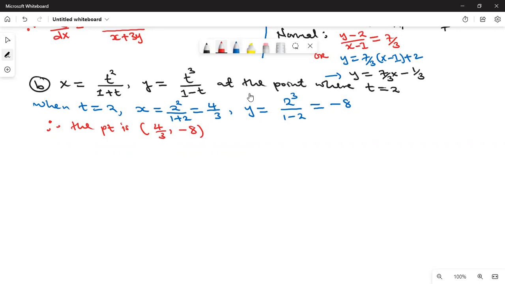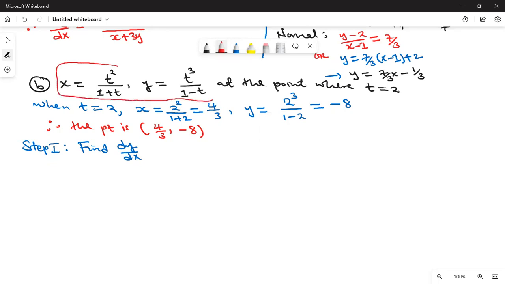So let's find dy/dx as usual. Step 1: find dy/dx. So how are we going to differentiate this function?